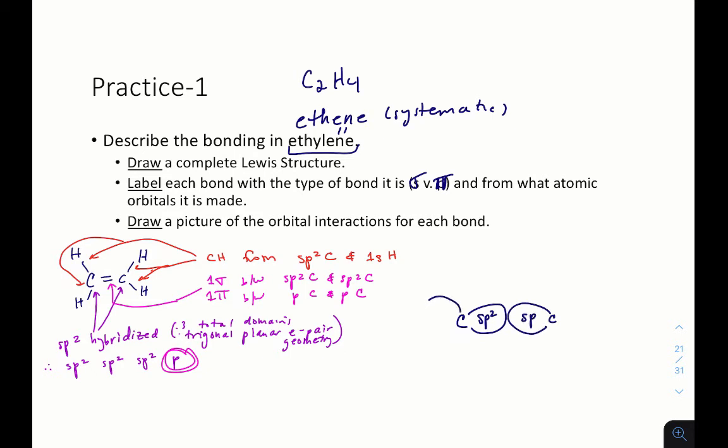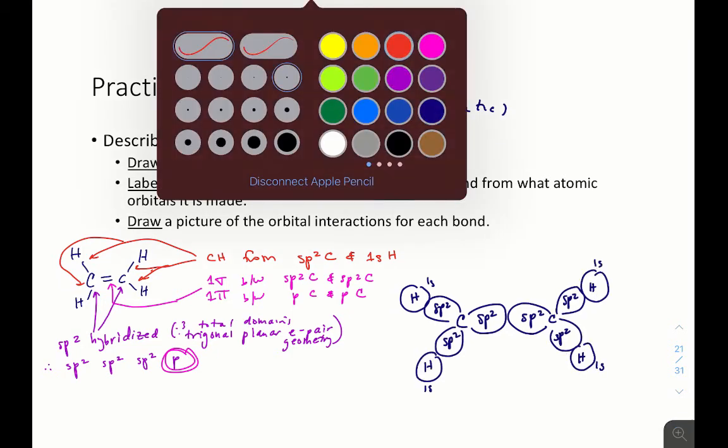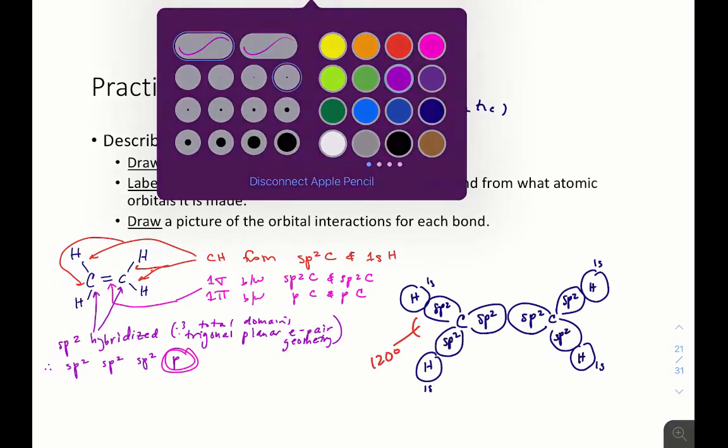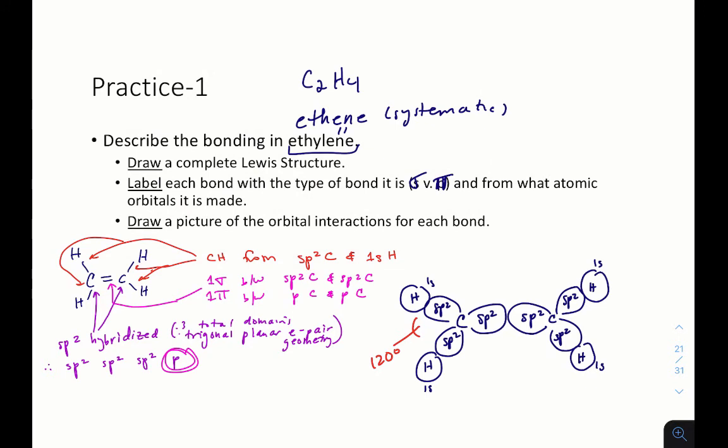So each carbon bonds to the neighboring carbon and is going to bond to a hydrogen atom, to that 1s orbital from hydrogen. This is not the world's most perfect picture, but we can see the 120-degree bond angles representing this is trigonal planar.